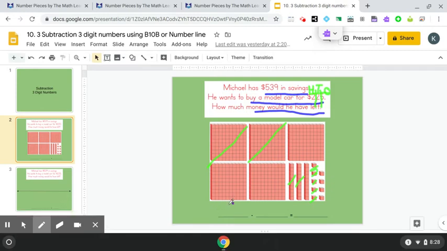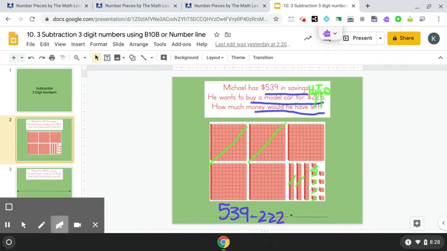And if I want to write a number sentence to match that story problem, we can see that we started with the total of 539, and we know when we're doing subtraction, we always begin with the total, the greatest number. And this is a little takeaway sign there. And we're going to take away that 225. And we could see we did that by crossing those blocks out.